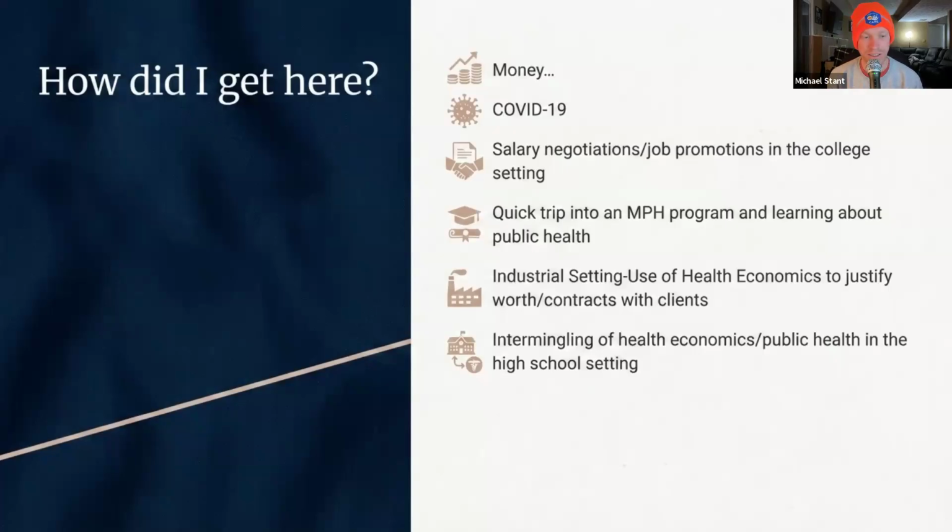Honestly, it was a good change of pace for me. At the time, I just felt like I wanted to help more than just athletes, and the Master's in Public Health program gave me more of a statistical research background than what I had at that time. I really had a good time in it, and it also showed me how to start showing value. So I ultimately left the college setting.